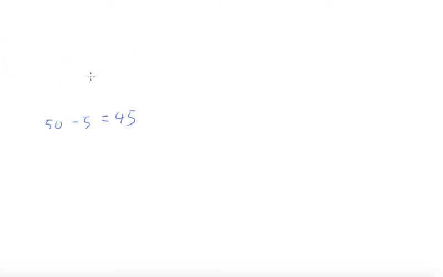Now let's go over the associative property and the commutative property when it comes to multiplication. We did addition. Now let's do multiplication. Let's say you had 5 times 7 times 10, and 5 times 7 times 10. The numbers are in the same order, 5, 7, 10.